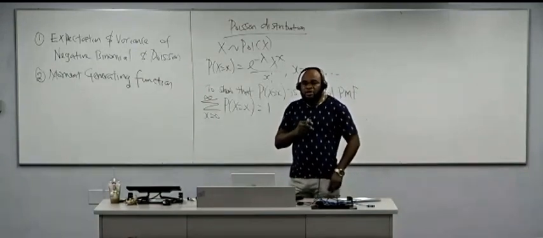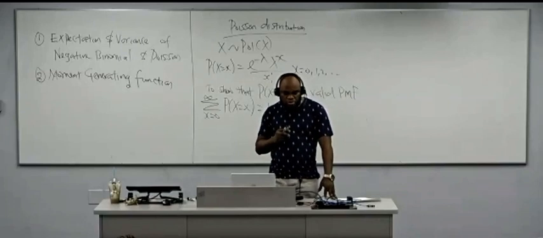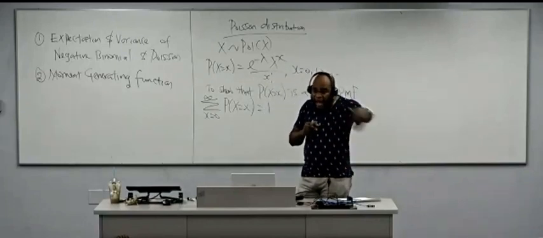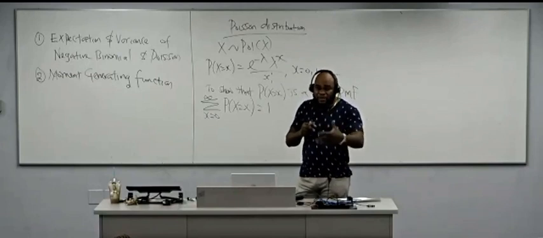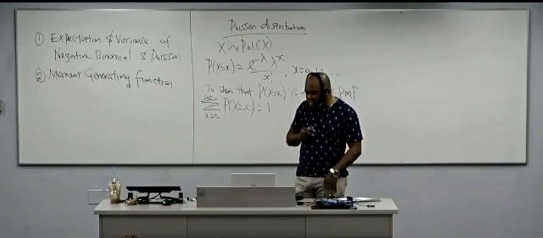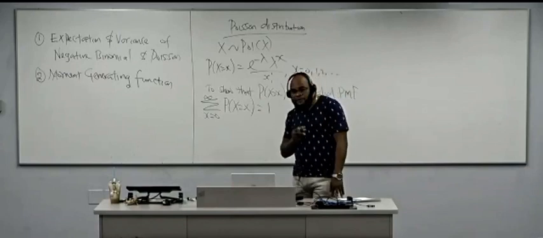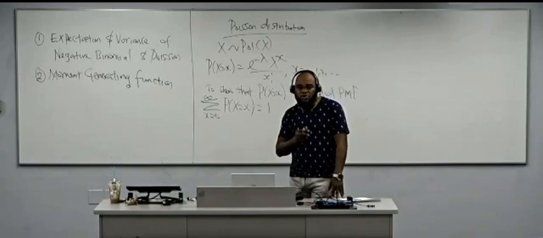Of course, every probability function, the totality of the probability has to be equal to 1. That means 100%, right? If it is not, then the expression for mean and variance will be wrong. Does that make sense?